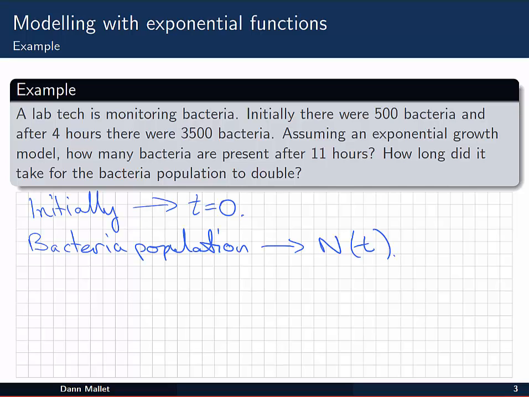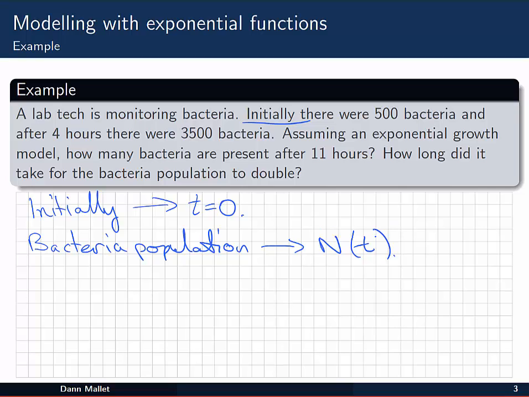Here's a couple of things that I've picked up straight away. In the second sentence, the word initially is used. Initially refers to a point in time, the first point, or if we like, t equal to 0. Initially, we're told there were 500 bacteria. A number of bacteria is what we're looking at here, so it's probably good to associate the bacteria population as our N of t variable or function.